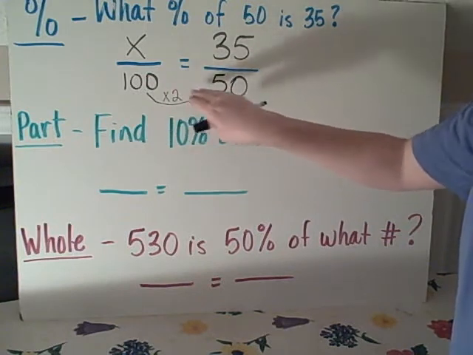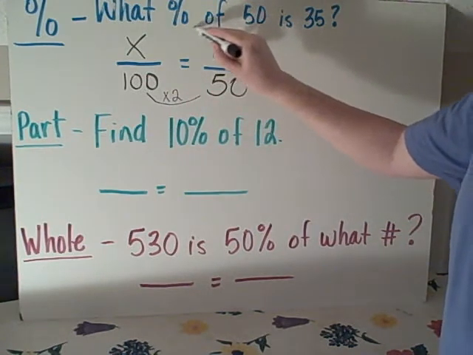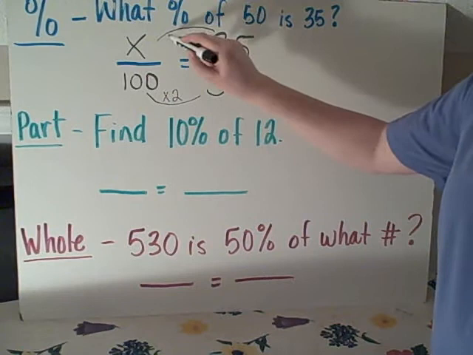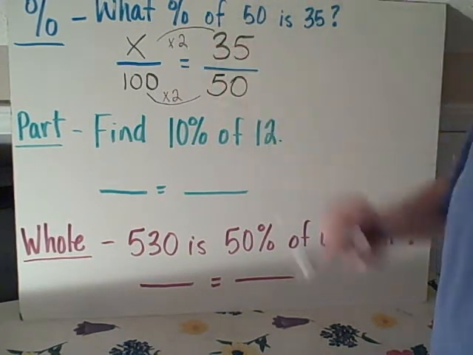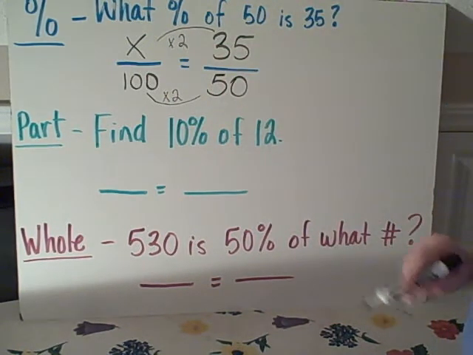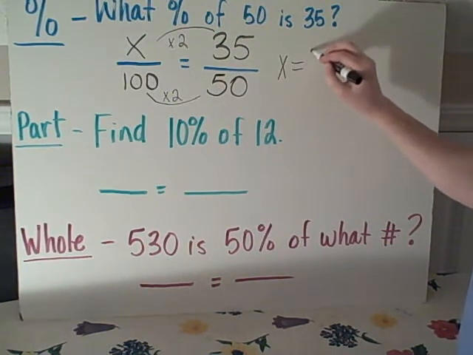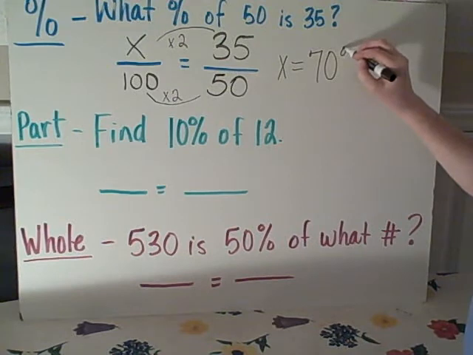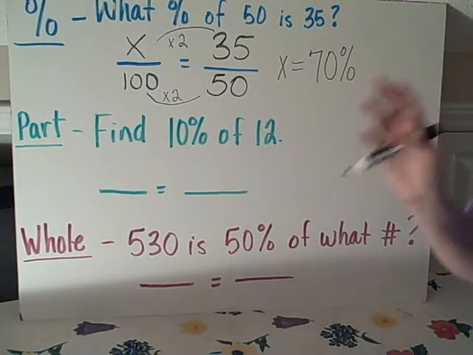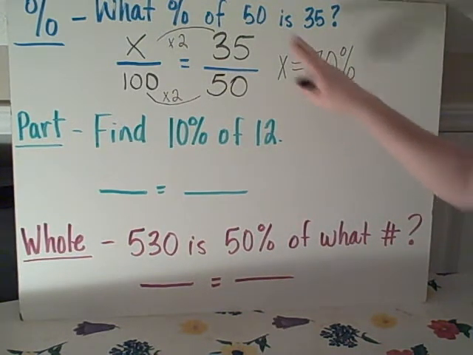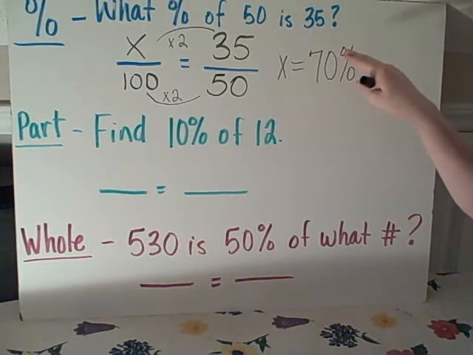If I do that here, I'm also going to do that in the numerator: 35 times 2. It gives me x being equal to 70, and that happens to be my percent. So I could say that 70% of 50 is 35.